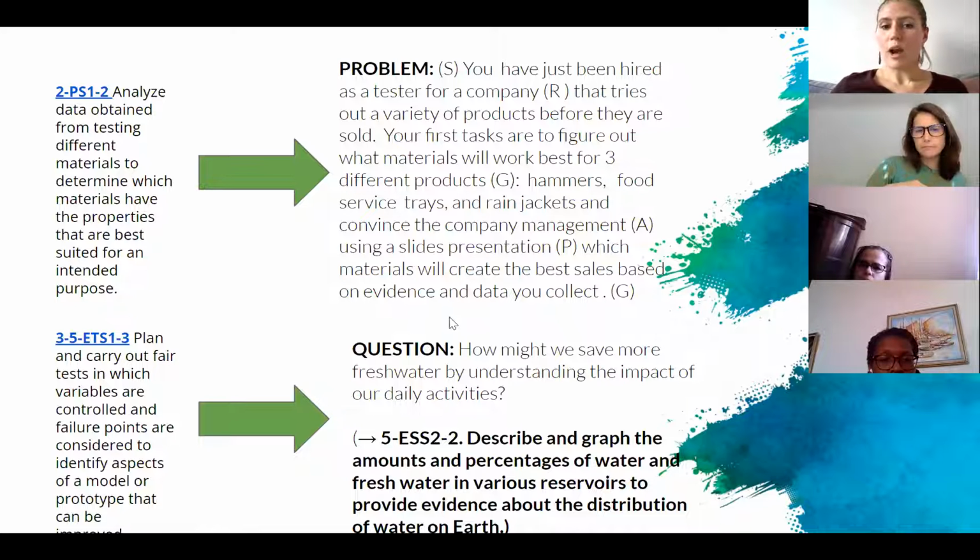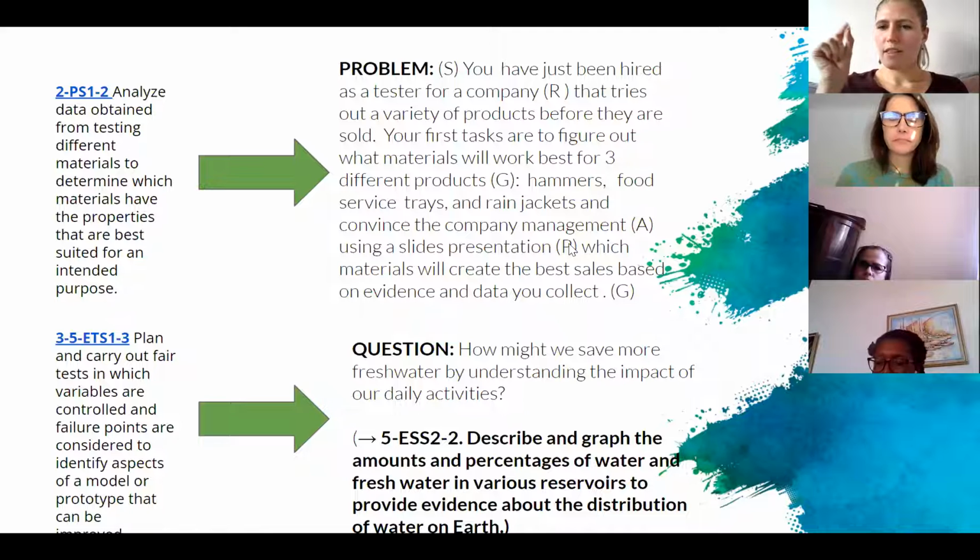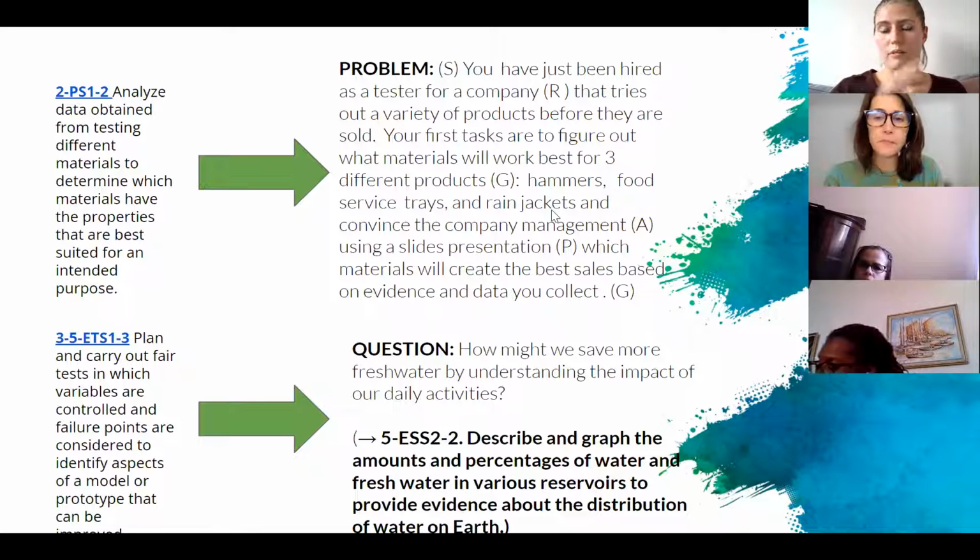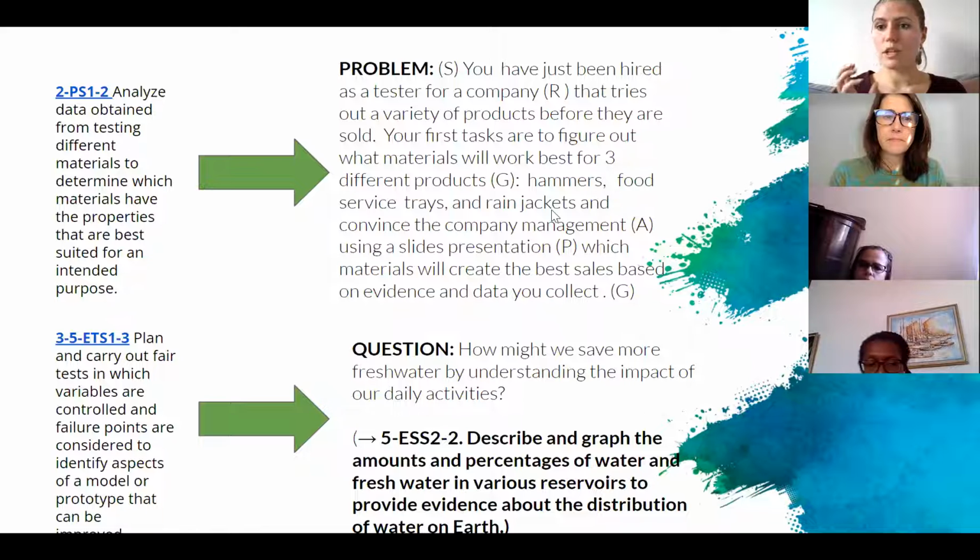So if I were going to write a GRASP prompt, at first, it might help if you start writing them in order with the GRASPS. I like to let it flow, but I've identified where those are. So the problem that I've created using a GRASP prompt is: you've just been hired as a tester for a company that tries out a variety of products before they are sold.